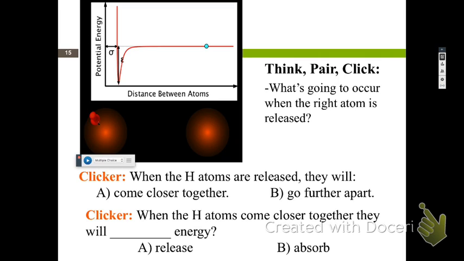What does that mean about when we pull them apart? Talk to your neighbor. What does that mean about when we pull them apart? If we were to manually pull those atoms apart, what does that mean about energy being absorbed or released?